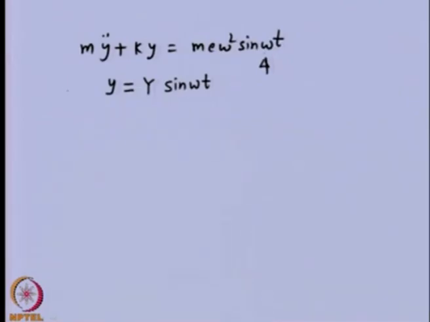So, the response should have the same frequency. Here if we take the double derivative of this, we will get this expression. This can be substituted in the equation of motion.